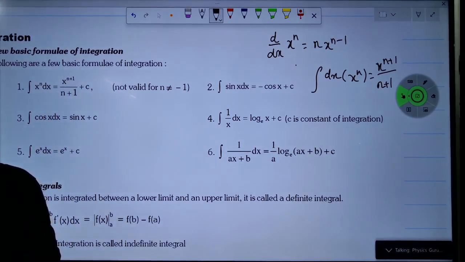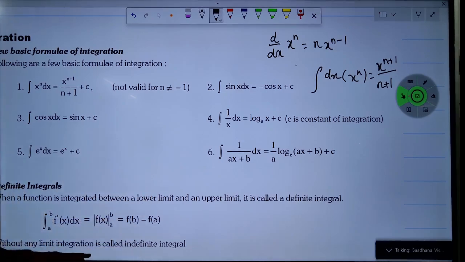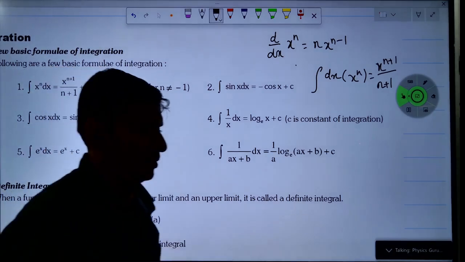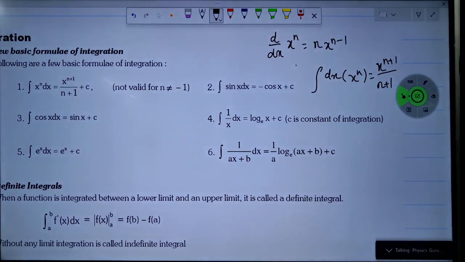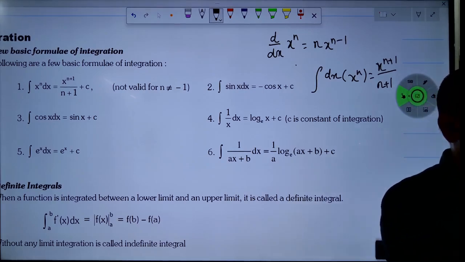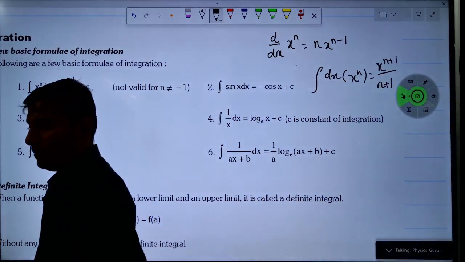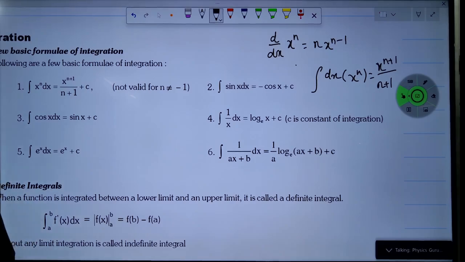Noted. All the 6 formulae noted? Not necessary. I'll tell you what is the meaning of definite and indefinite integrals. Integrals have 2 types. The first is the definite integral, and the second is the indefinite integral.